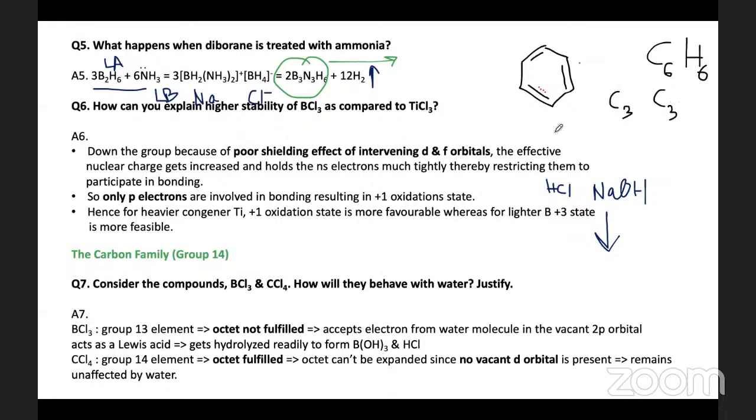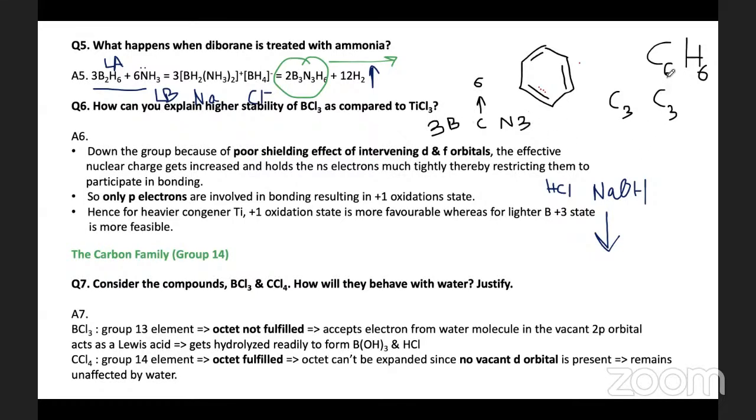And if we have a look at the periodic table, we have the group 13 element as boron, the group 14 element as carbon, and the group 15 element as nitrogen. So if we divide the number of carbons between boron and nitrogen, with 6 carbons, 3 will be taken up by boron and 3 will be taken up by nitrogen.